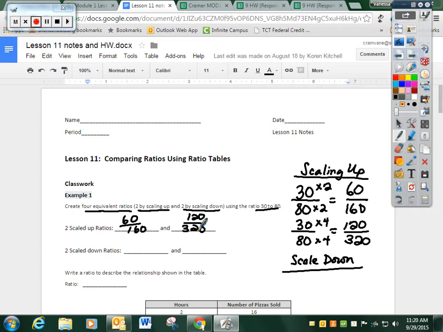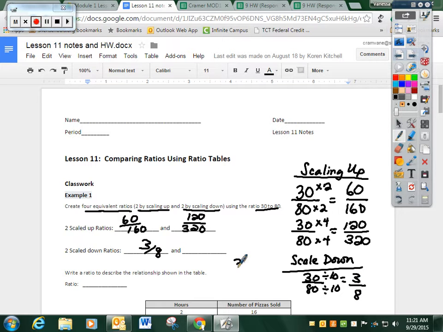Now scaling down is actually, instead of multiplying the number, it's almost a little bit like simplifying it, but we're not going to go to its simplest form. I'm going to scale these down by both dividing by 10. So I take 30 divided by 10 and I get 3, and 80 divided by 10 I get 8, 3/8.